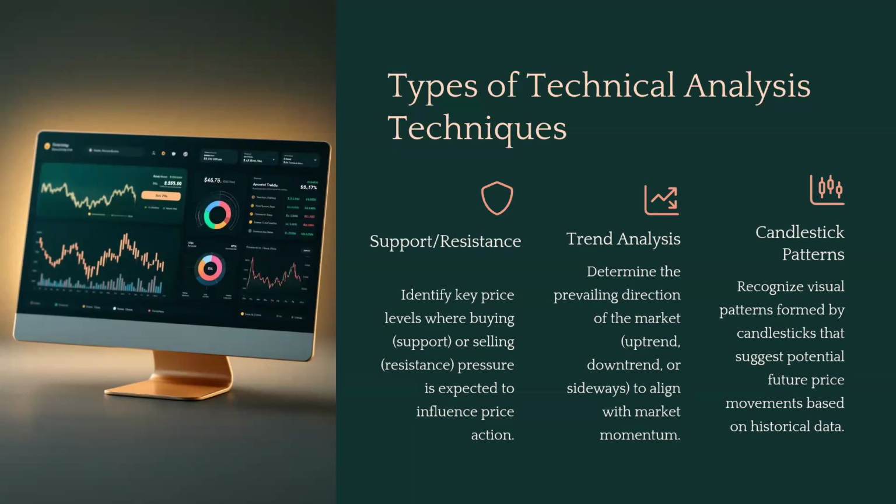From the trend line, we can determine the prevailing direction of the market, like uptrend, downtrend, or sideways, to align with the market momentum. Candlesticks and patterns allow us to recognize visual patterns formed by candlesticks that suggest potential future price movement based on historical data.